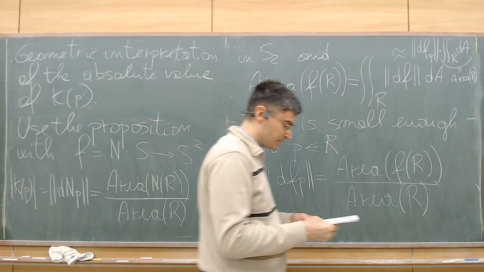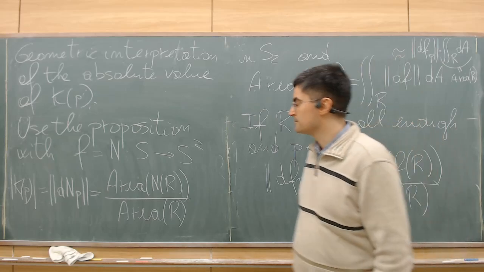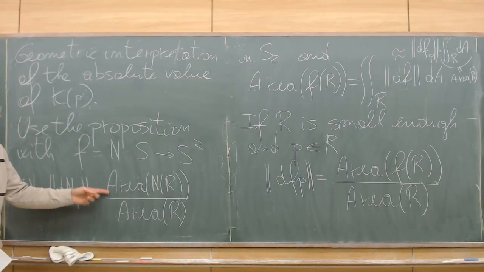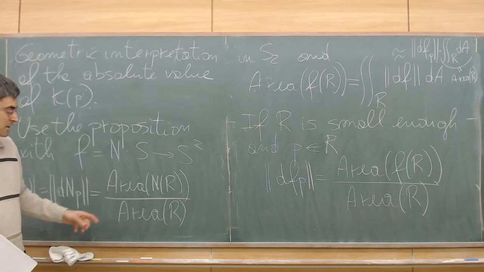So essentially the Gauss curvature in absolute value can be interpreted as a ratio between areas.